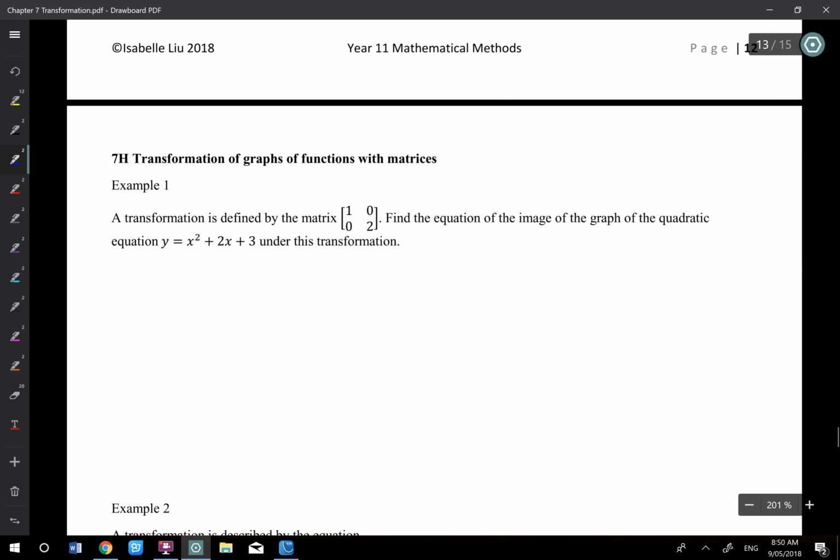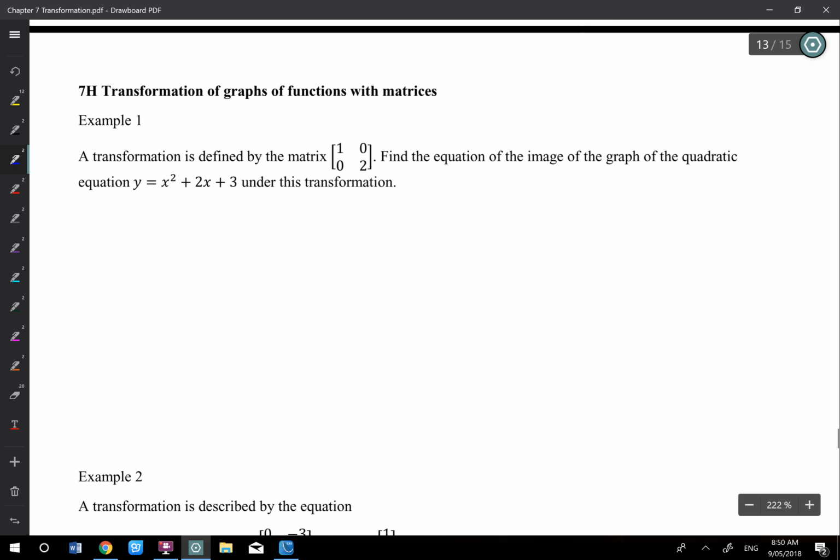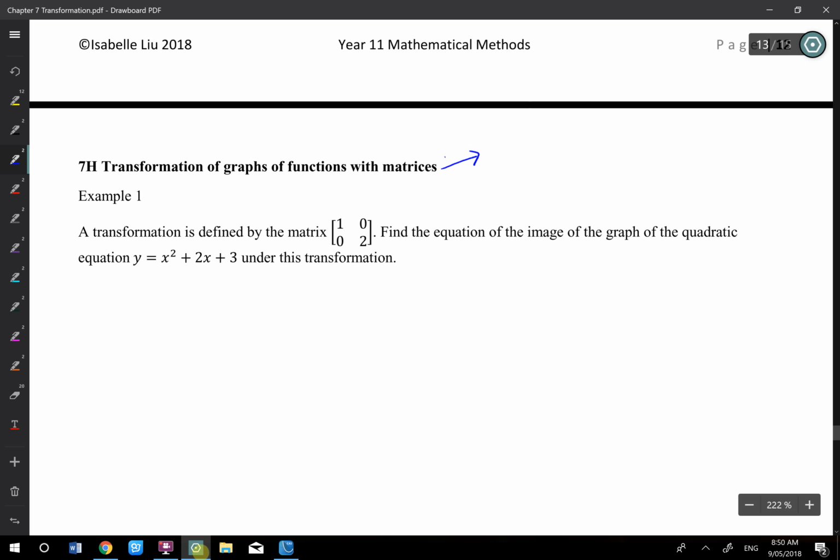And we move on to the next question, which is the last exercise we have for matrix. It's a long chapter, I know, but this one is the last one. This is equivalent to giving you the wording and asking you for step number 1, step number 2, and step number 3.